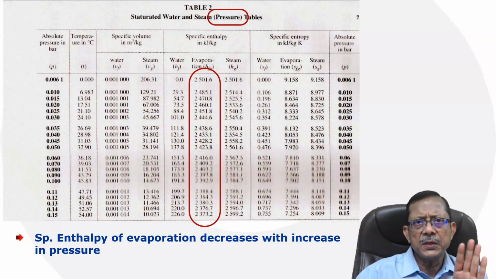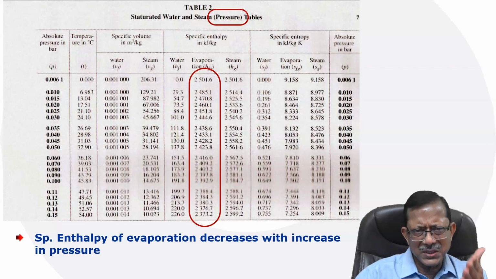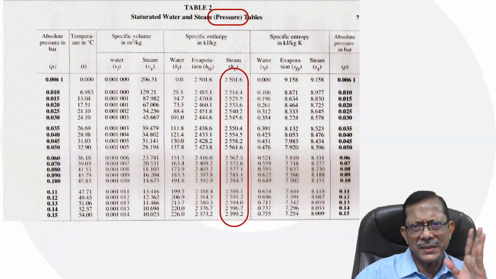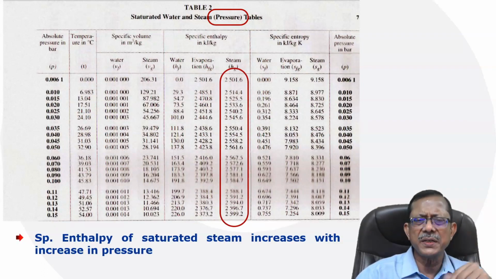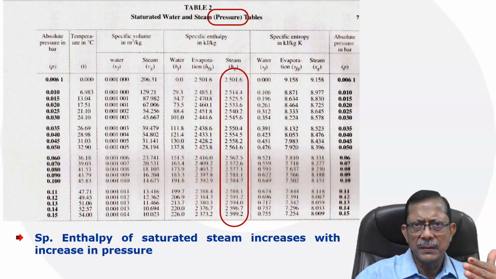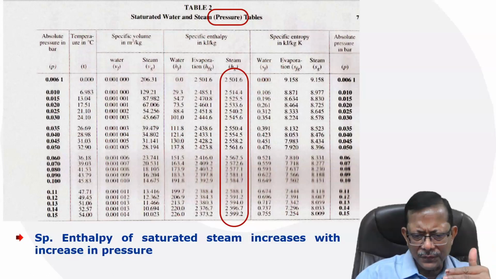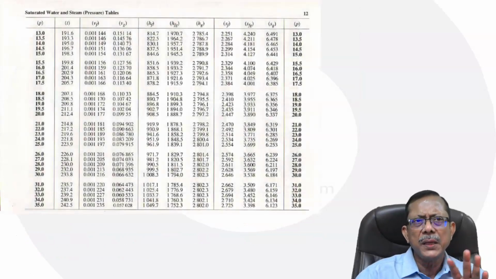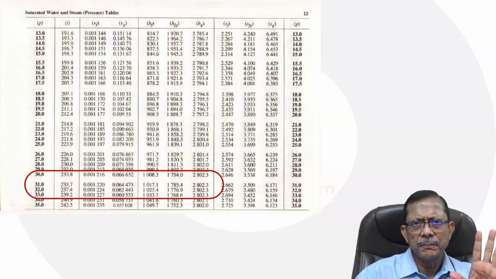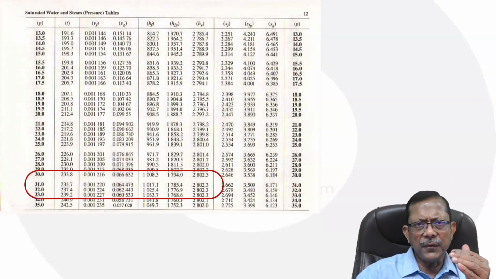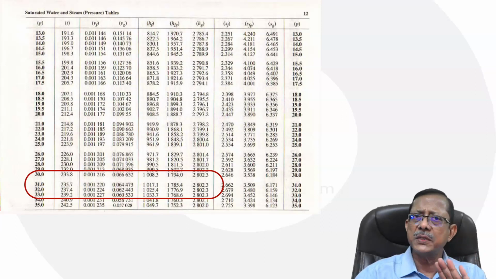All of you know that. If you see the saturated steam condition, the specific enthalpy of saturated steam, you can see in this particular table that it is increasing as the pressure is increasing. But if you go farther up, if you just follow through the pressure, you are going to find that up to a pressure of 30 bar, it is increasing. And from 30 to 34 bar, it is remaining the same.